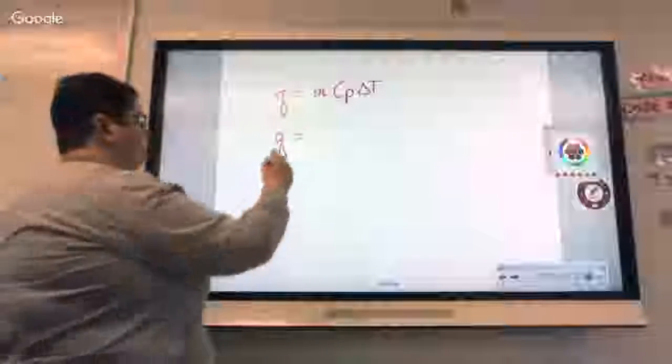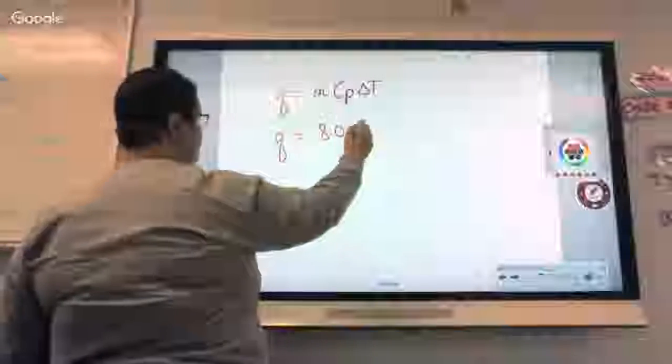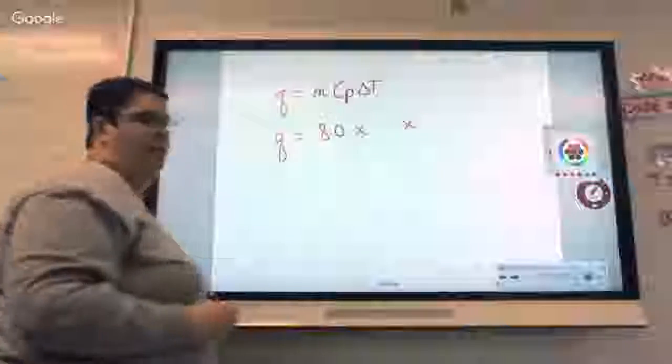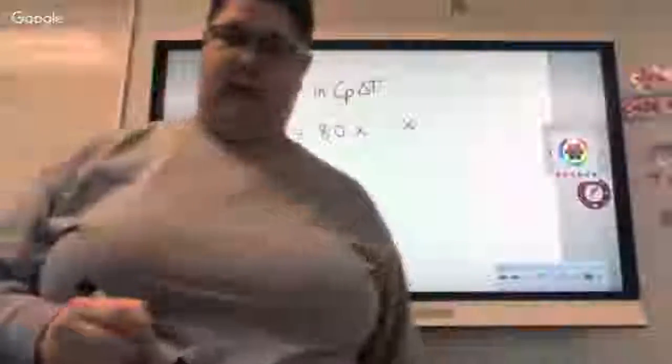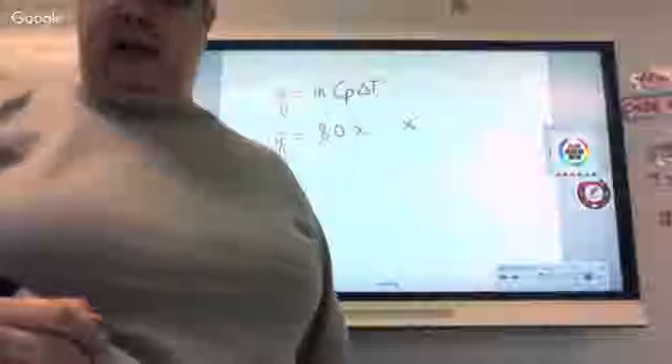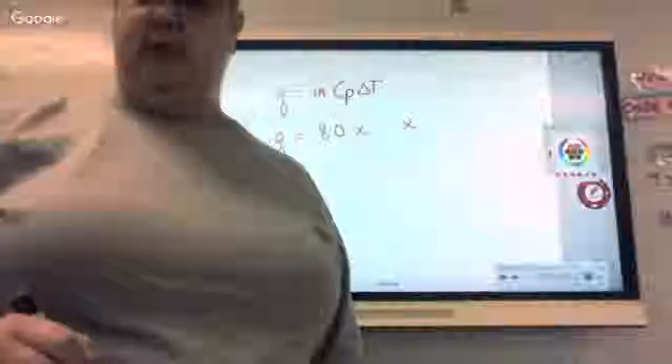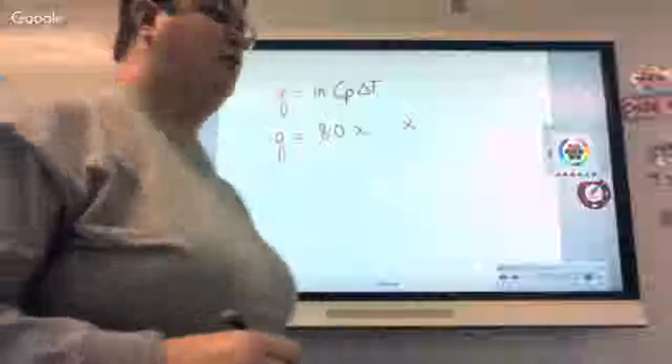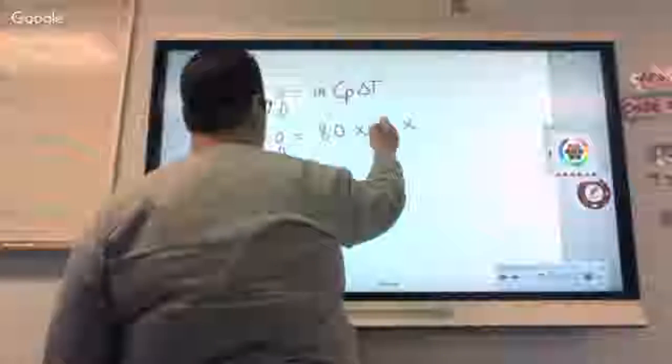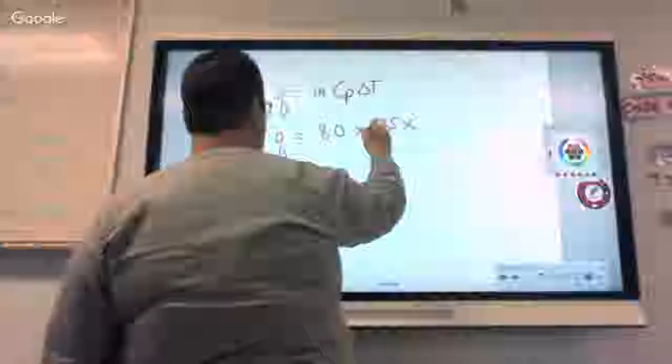What's my specific heat in number 3? Now, if it's given to us, if they hadn't given it to us, Zoe, where would I find it? Okay, just look it up.